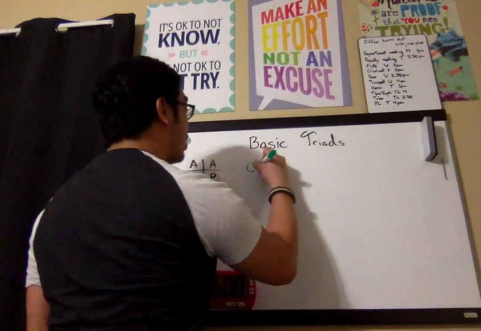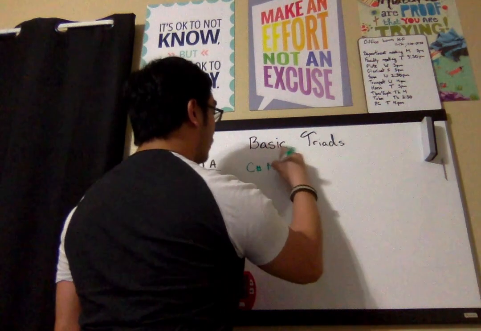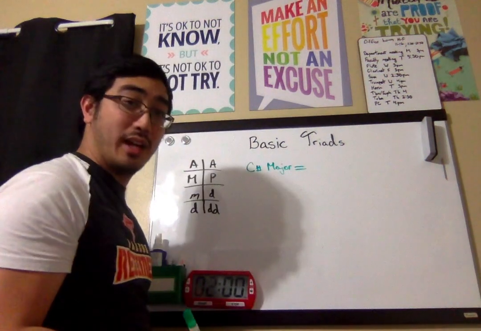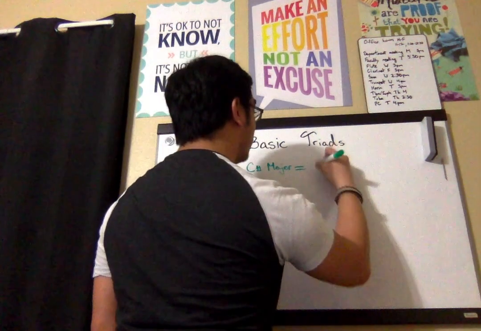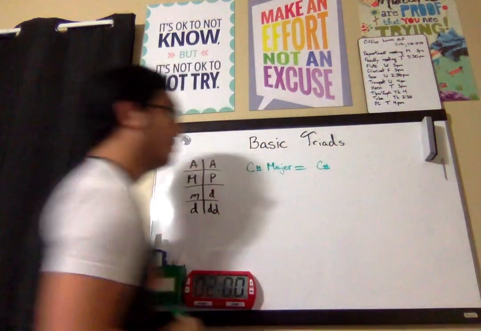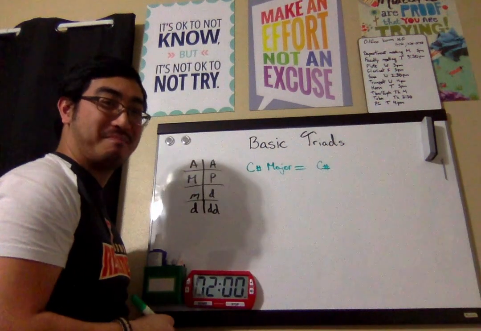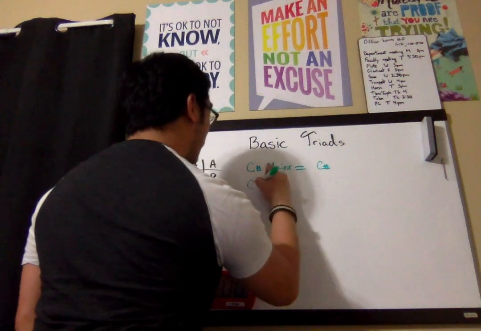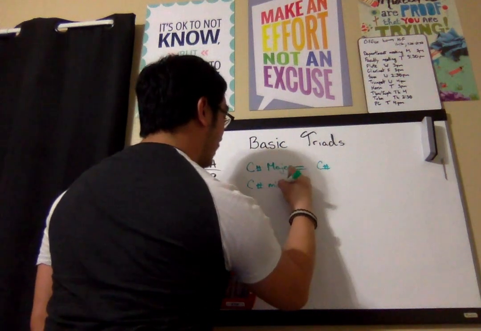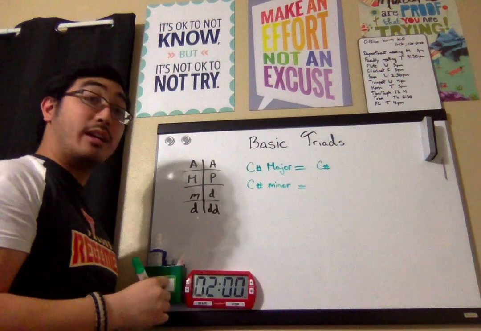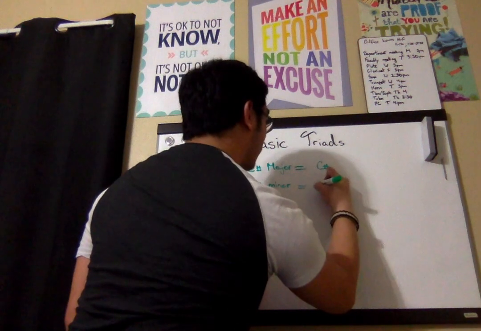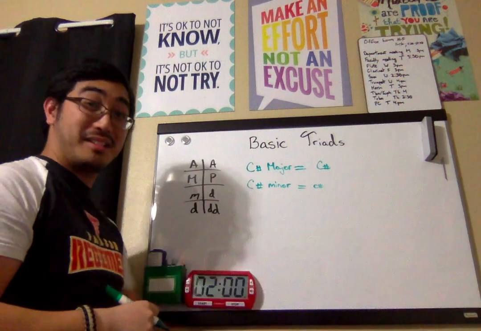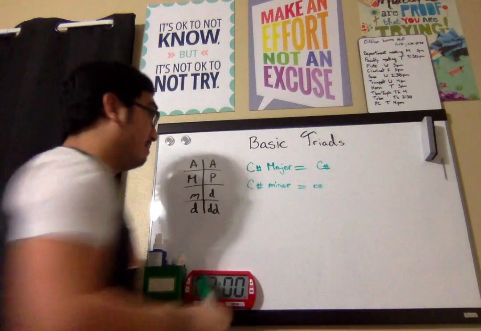If I wanted C sharp major, the shorthand symbol would be C sharp. Done. Make sure it's capitalized. If I wanted C sharp minor, done. Lowercase. The monks were really smart.